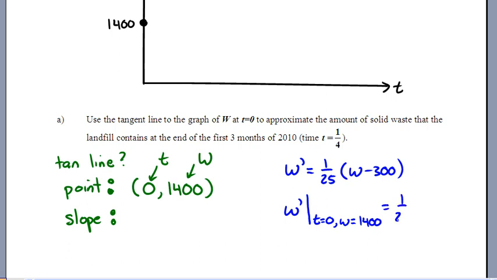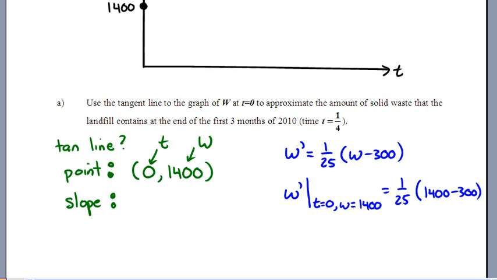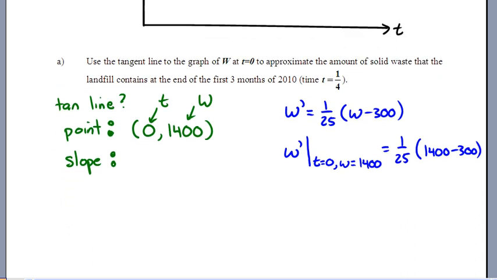Okay, well, I can do this. That would be 1/25, and then I'd multiply by 1400 minus 300. Okay, so 1400 minus 300, that's just going to be 1100, multiplied by 1/25.